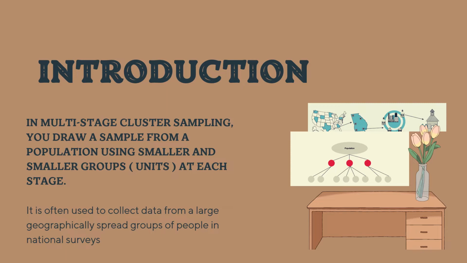It is often used to collect data from large, geographically spread groups of people in national surveys. It can be a complex form of cluster sampling since it is a type of sampling which involves dividing the population into groups or clusters.